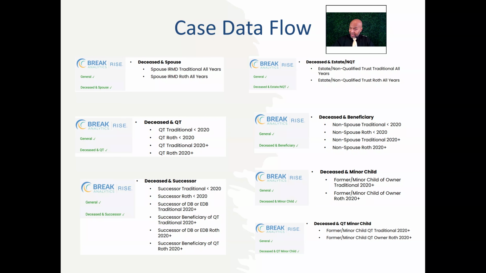Now, I want you to look at our case data flow here. What I've done is gone into break, and I'm showing you that once you get into the modules, once you put your general information in there, the very next step is to your deceased. Once you get to the deceased, now you're determining, are they pre-secure? Are they post-secure? Your pre-secure, that's your 2020, and then you have your 2020 pluses.